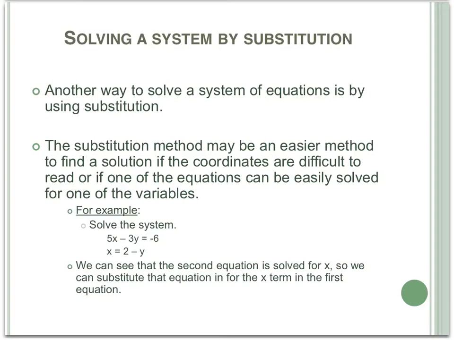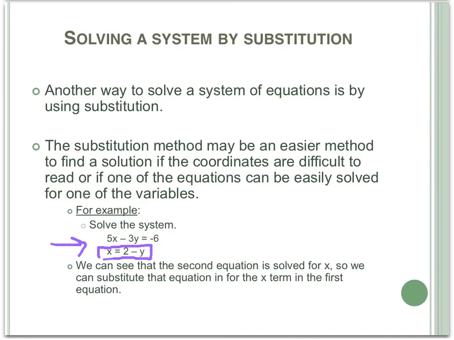Another way to solve a system of equations is by using substitution. The substitution method may be an easier method to find a solution if the coordinates are difficult to read or if one of the equations can be easily solved for one of the variables. For example, if we're asked to solve the system 5x minus 3y equals -6 and x equals 2 minus y, we see that the x is already solved for in the second equation.